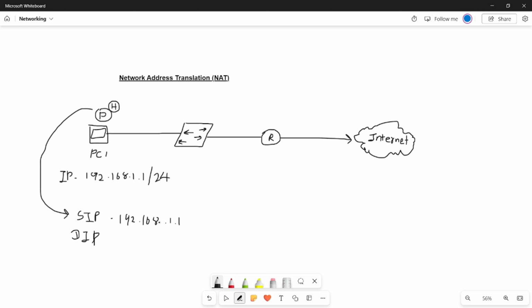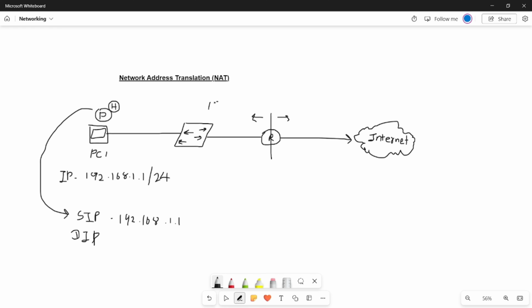For that we have to know something. When we consider a router, it contains two sides. This is one side and this is another side. One side behaves in one network and the other side behaves in a different network. If we consider this side of the router, it should be in the same network as PC1.